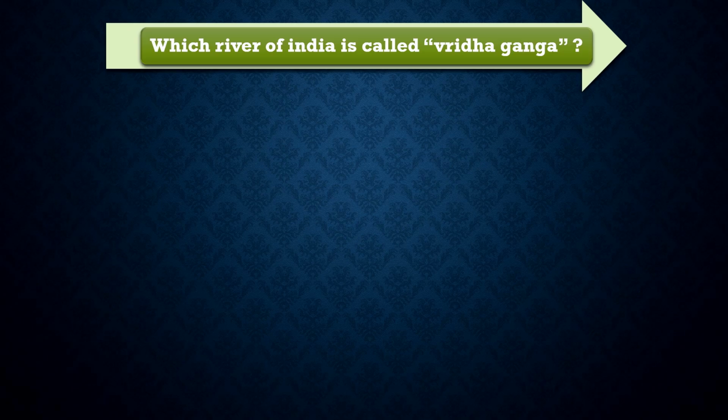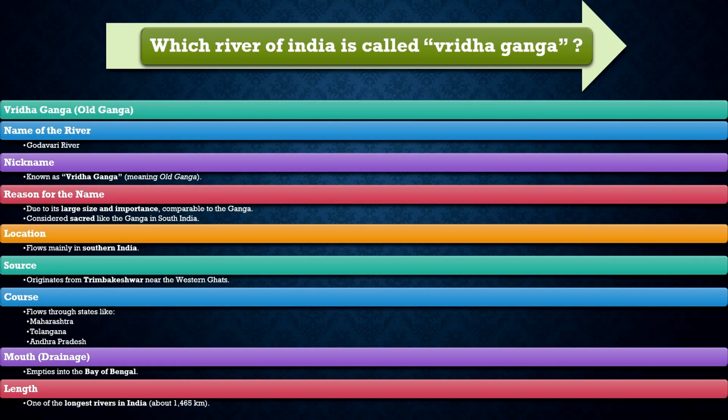The river in India popularly known as Vriddha Ganga. Vriddha Ganga simply implies Old Ganga. The name of the river is quite important: Godavari River.